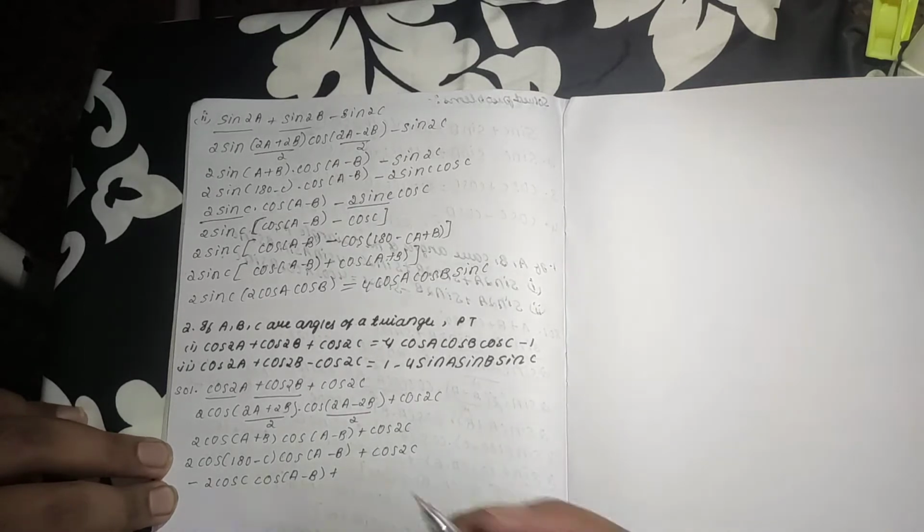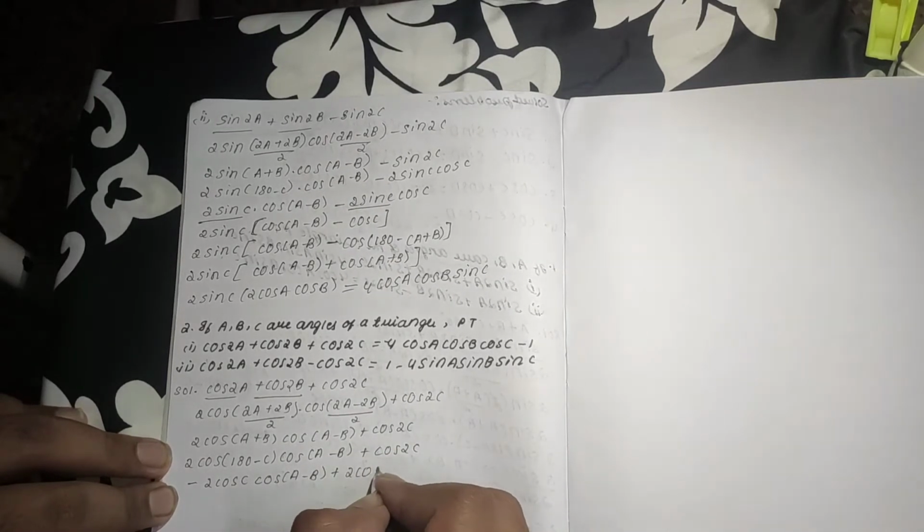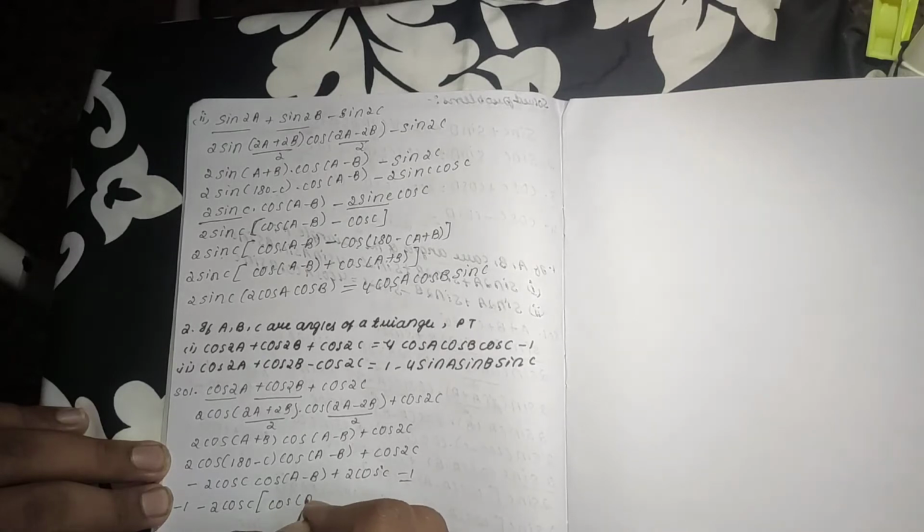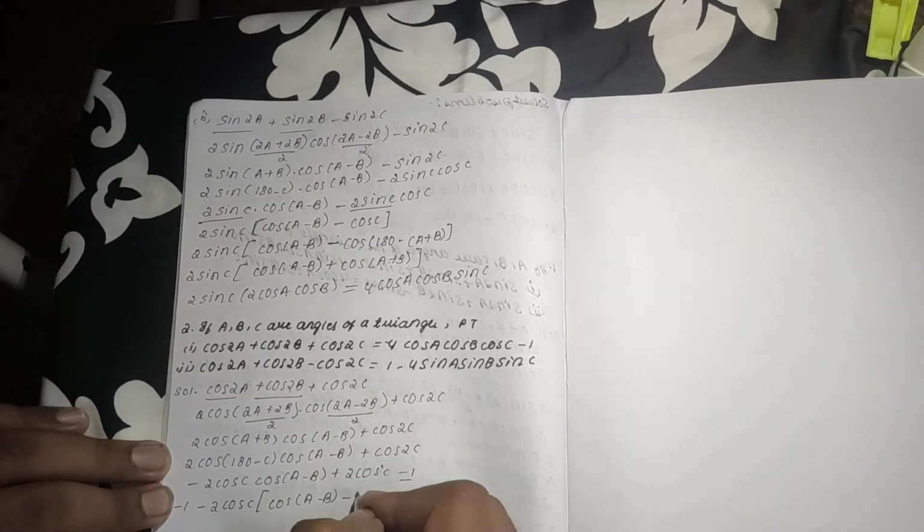2c in terms of cos is 2 cos square c minus 1. Take this minus 1 to the front. So from these two terms, take minus 2 cos c common. So you are left with cos of (a minus b) minus cos c.